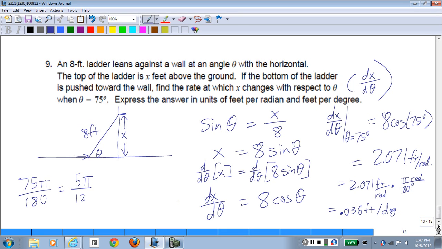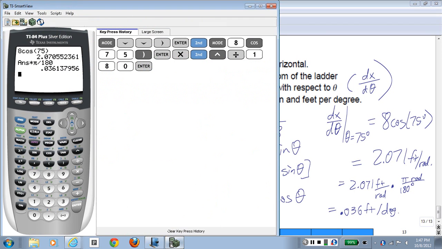Did it look okay? Normally it would be in parentheses, but since the radians is 1, it doesn't really matter for that. Okay. If it was like feet per 2 radians, then you would need parentheses. Right, yeah. So, does it seem okay? 0.036. And 0.036 of a foot is how many inches?